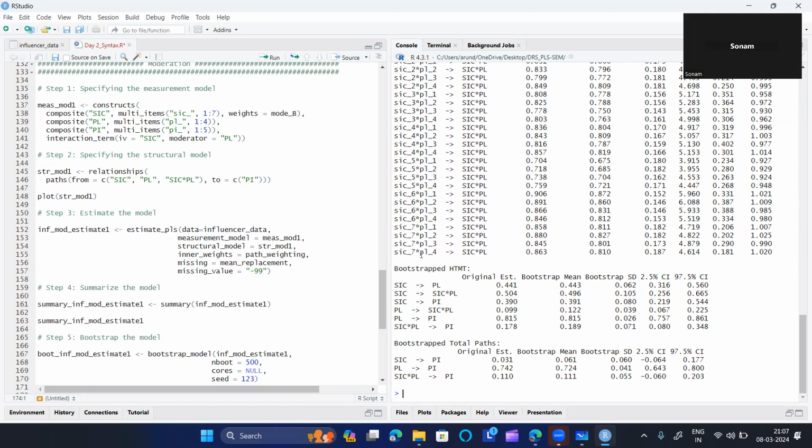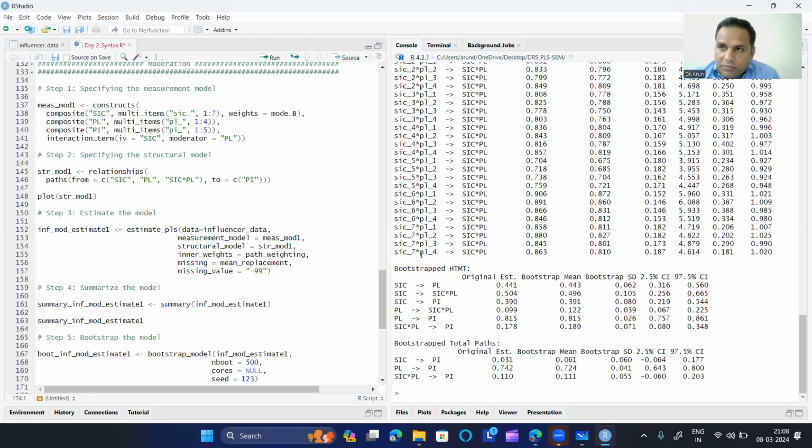Sonam, go ahead. Is it fine to go with two packages? Like you said, CVPAT cannot be done in seminar, but it is possible in CSEM. Listen, model comparison can be done using the seminar package also, using indices known as Bayesian information criteria and Akaike Bayesian information criteria.